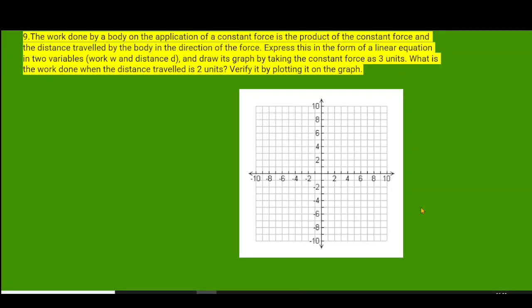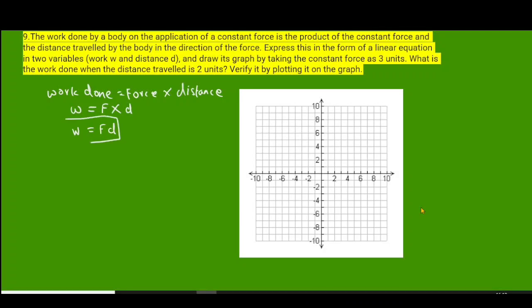Now it is given work done. We know that work done is equal to force into distance. That is the description given in the first sentence, with work done given as W and force into distance D. So the required equation is W = FD.